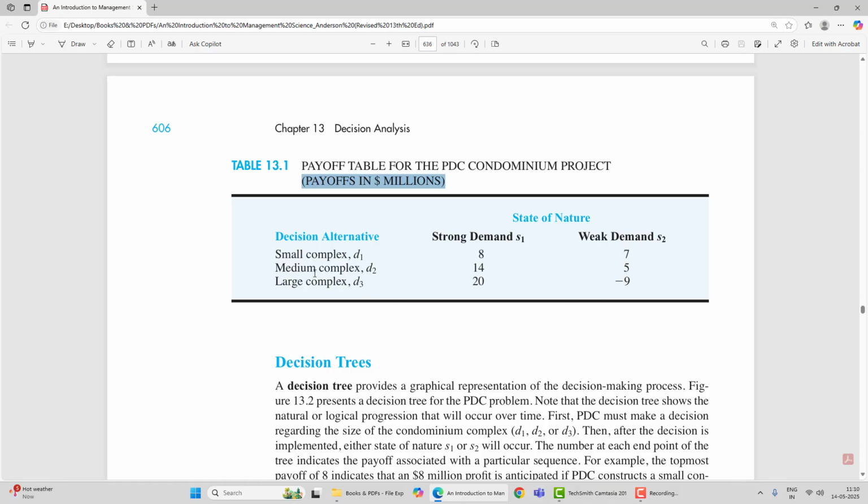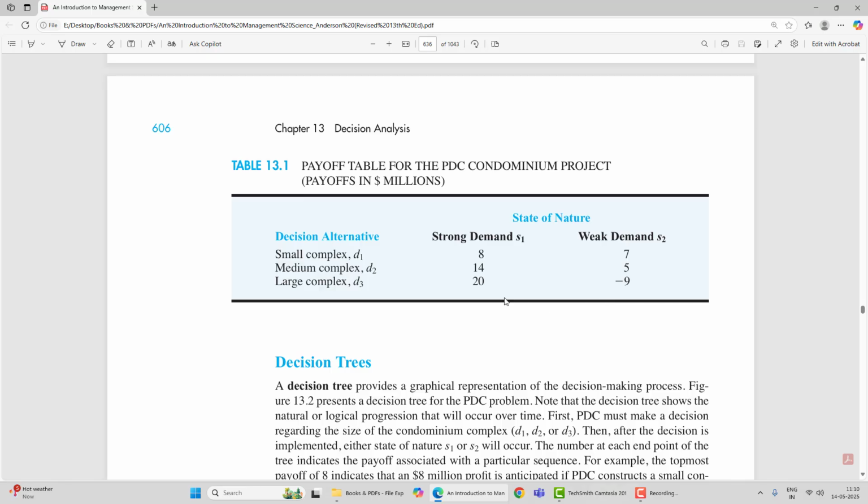If it is a medium complex, 14 million in S1 and 5 million if there is a weak demand S2. But if they go for the large project D3 and there is a strong demand, then they will get up to 20 million as payoff. And if the demand becomes weak and they have gone for D3, then it will be a 9 million loss, or negative 9 million as payoff.